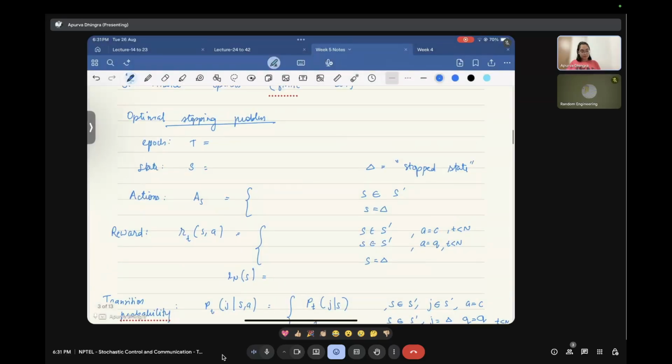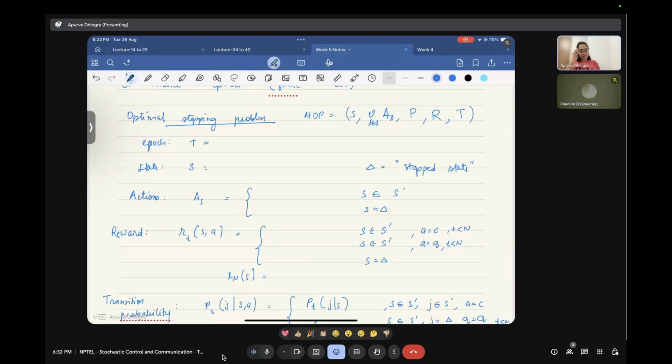So our MDP requires a state space, an action space, to be more specific, transition probabilities, which we're denoting by P, the reward function r, and the time horizon t.